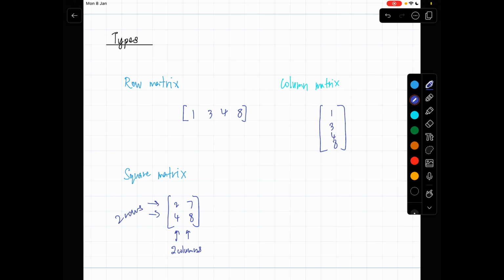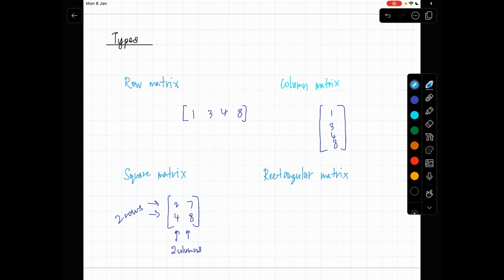And then all the other types of matrices are known as rectangular matrices. They are called rectangular matrices, again explainable by their shape, which has a different number for both rows and columns.